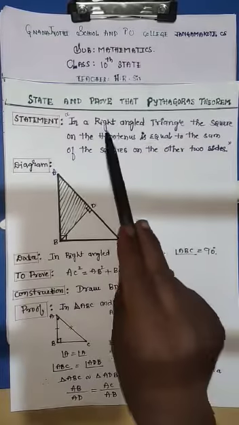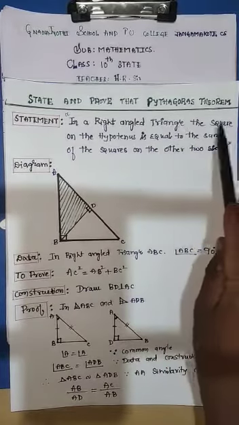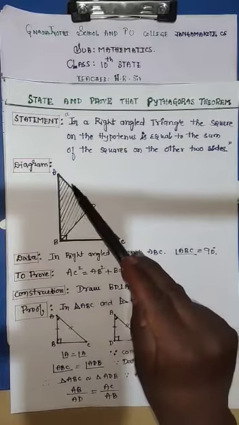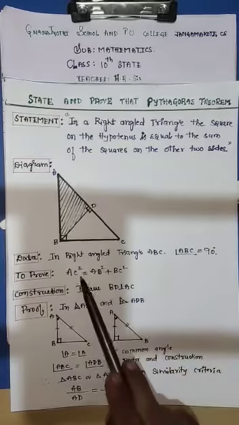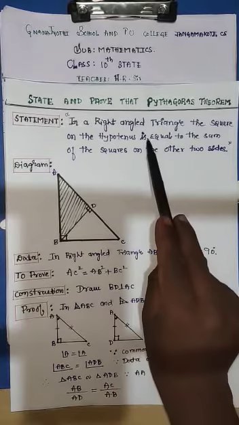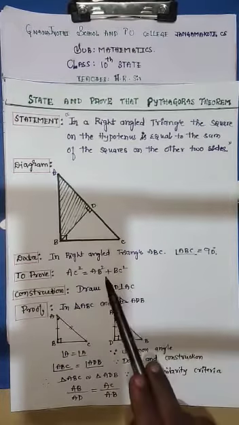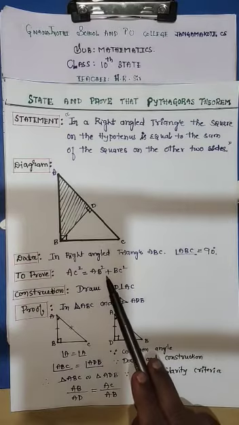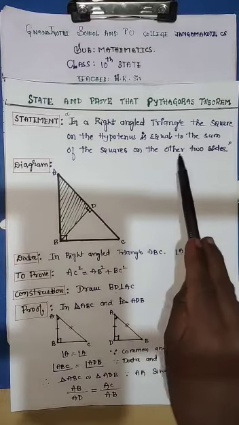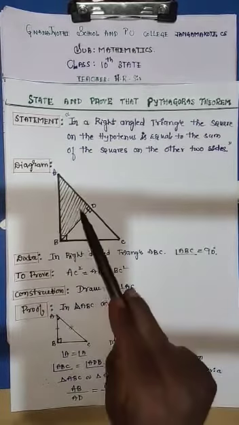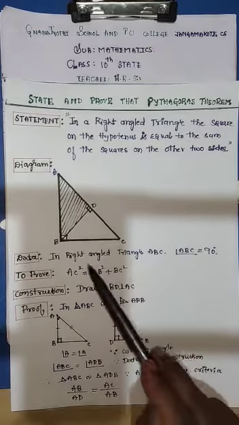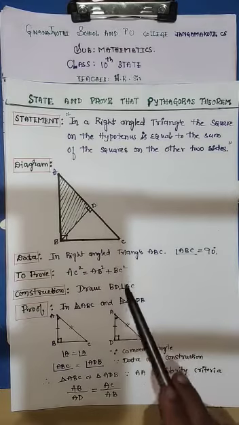According to the Pythagoras theorem, the square on the hypotenuse, AC square, is equal to the sum of the squares on the other two sides, that is AB and BC, right?